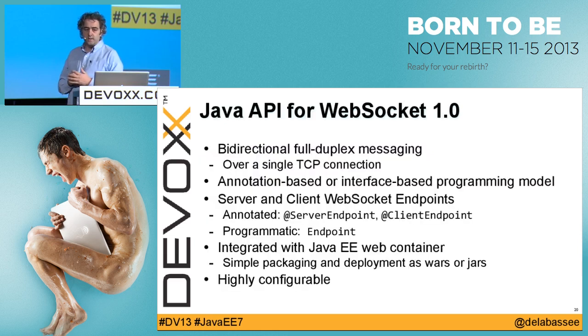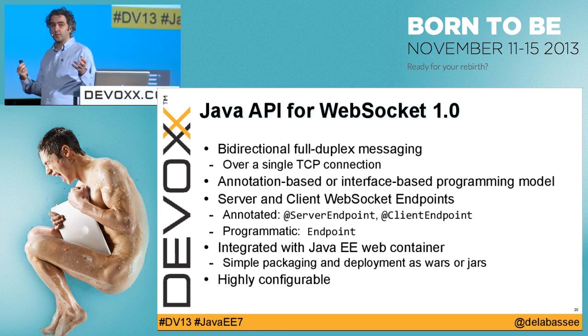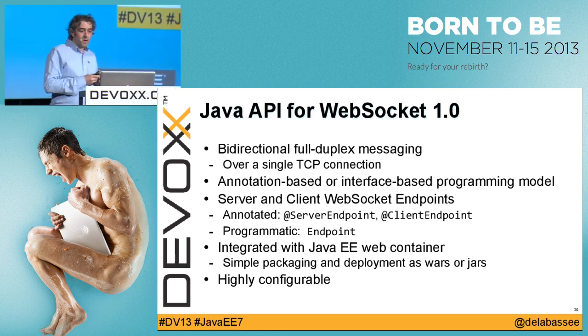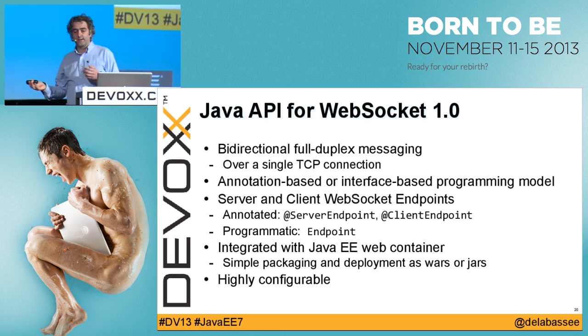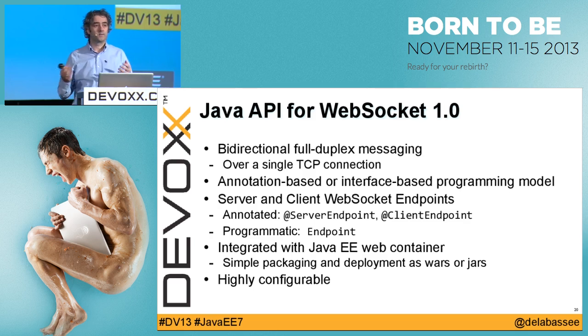Another API which is important when it comes to HTML5 is JSR 356, Java API for WebSocket. So what is WebSocket? It's a bidirectional full duplex transport protocol. The nice thing about WebSocket is that it's very web-friendly. The WebSocket handshake is done over HTTP.